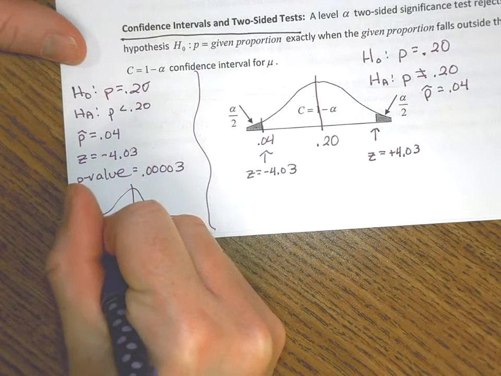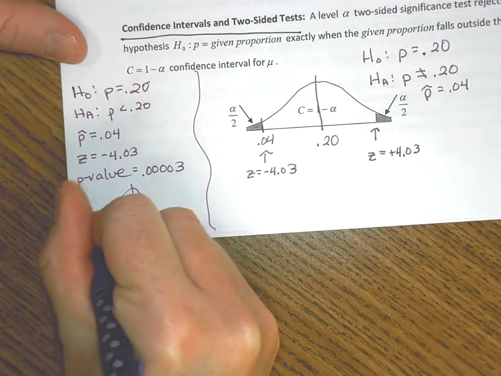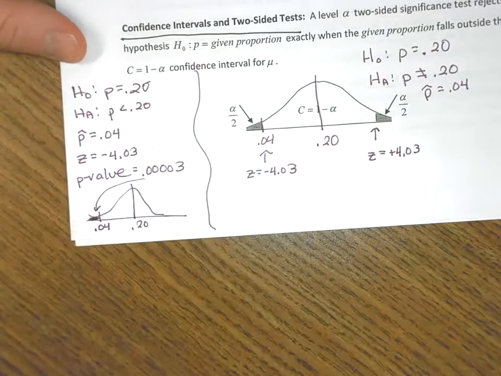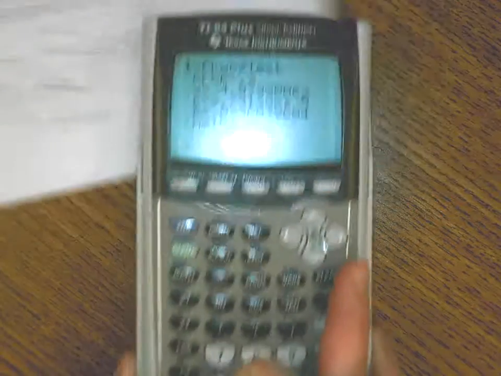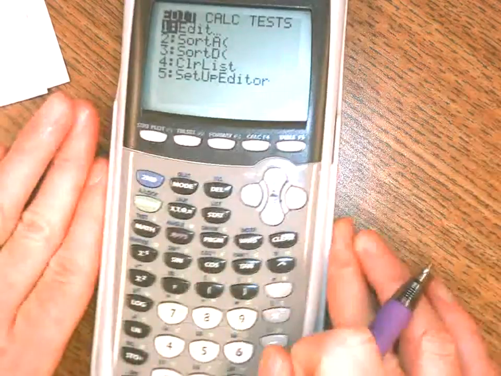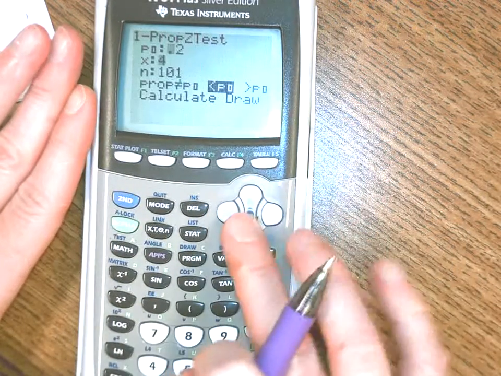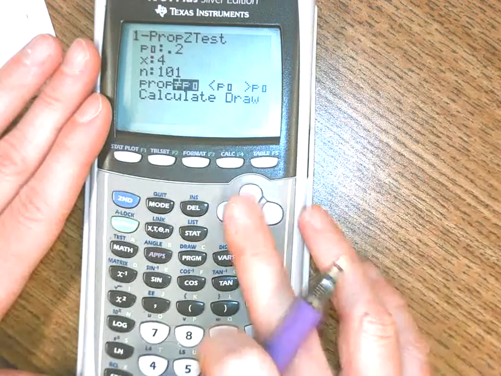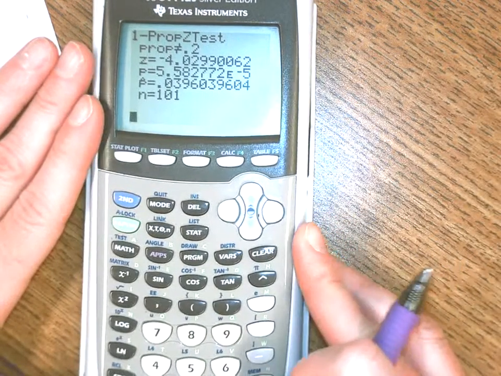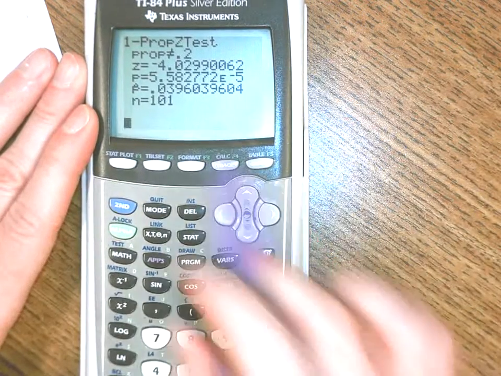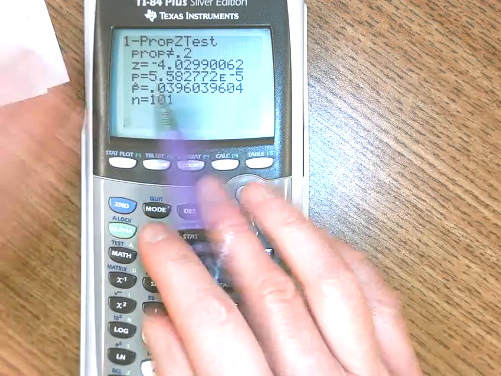This z-score is negative 4.03. This little tiny area right here is that p-value. If I switch the test to a two-sided test by highlighting the not equal to and calculate, keeping all the same information, now my p-value is 0.00006.